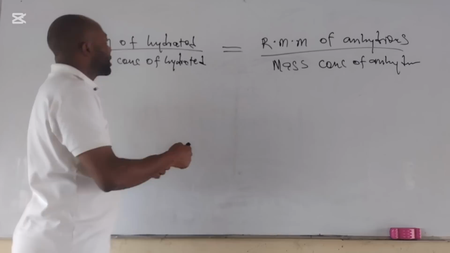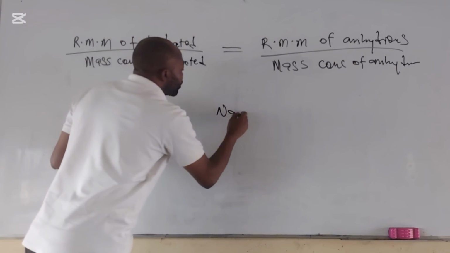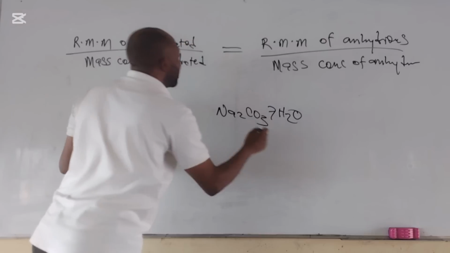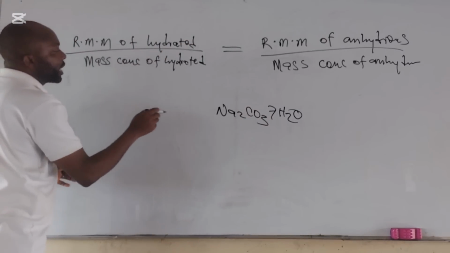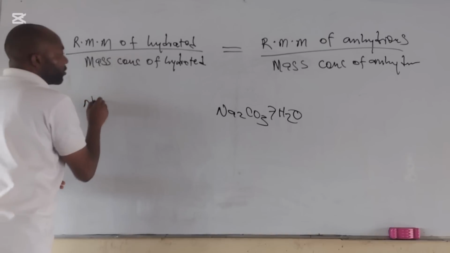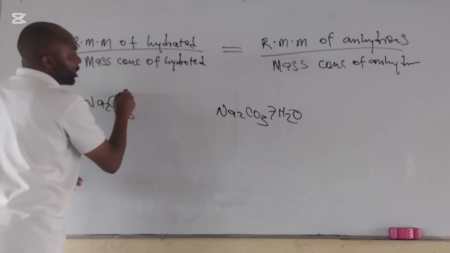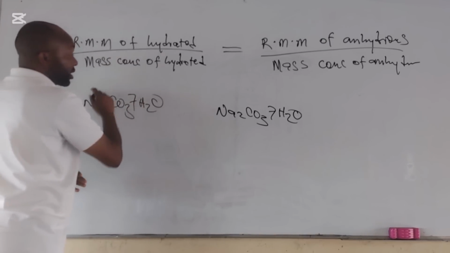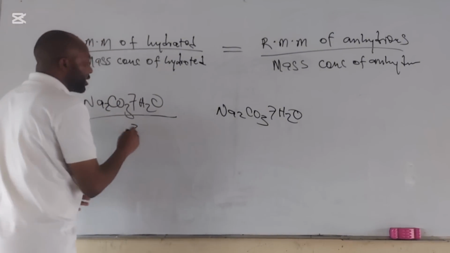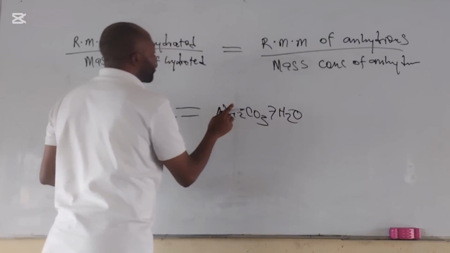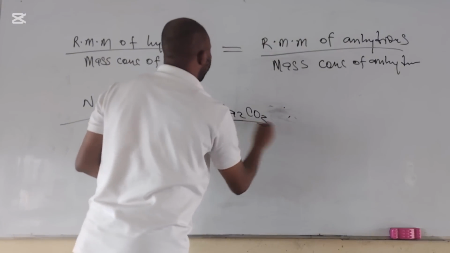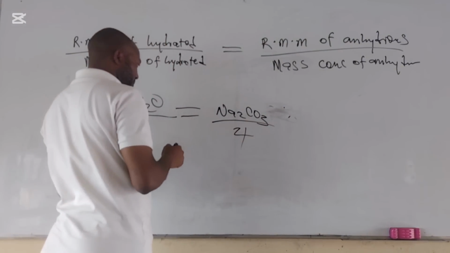So, like I said, in this compound, Na2CO3.7H2O, for the hydrated, I will have to look for all of these, the relative molecular mass of that, over the mass concentration, let's assume is 3, is equal to that of anhydrous, I'll take out this, over the mass concentration, let's say is 4.